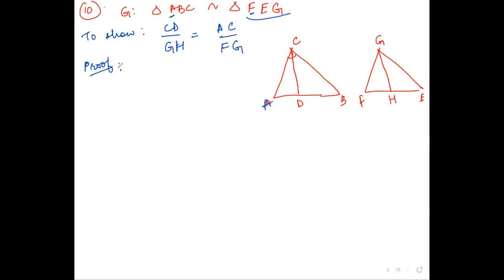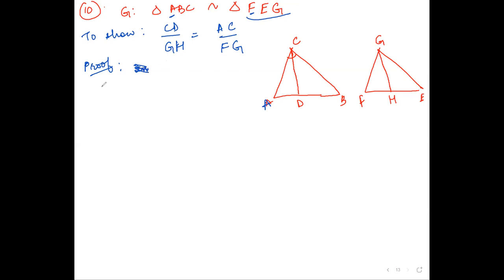That's given, it's given that the triangles are similar, right? If we take the two triangles, which triangle should I start with? Triangle ADC and FHG. Okay, before coming to similarity, let us see what else we have.